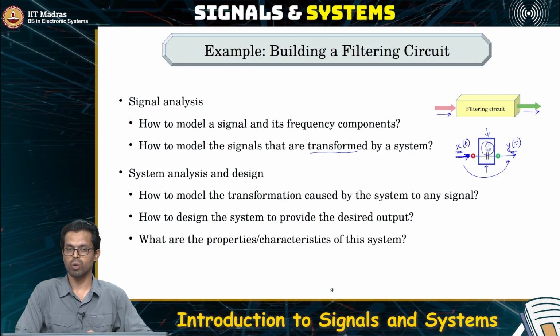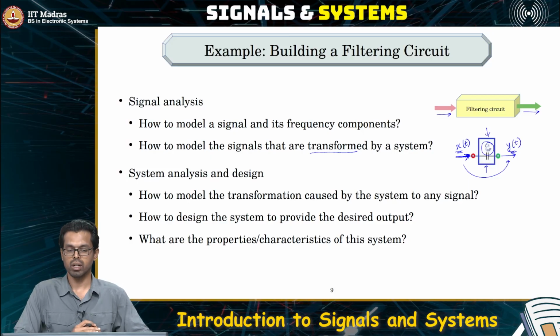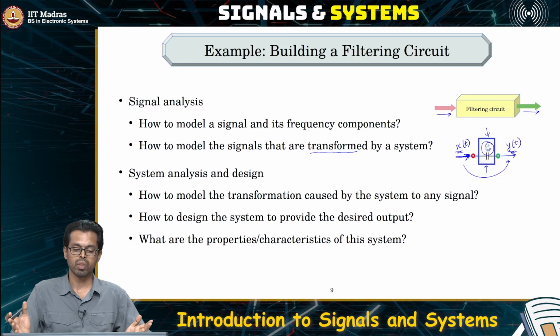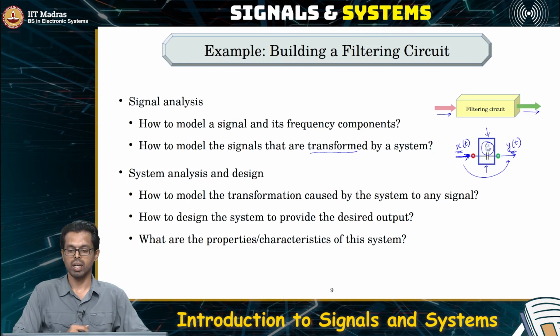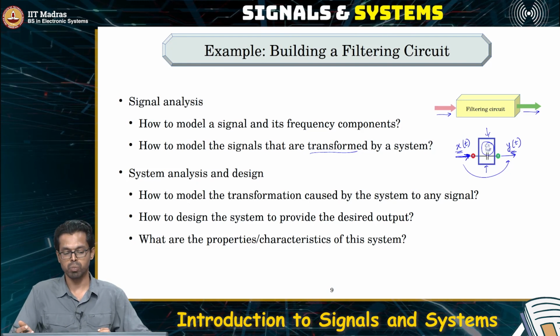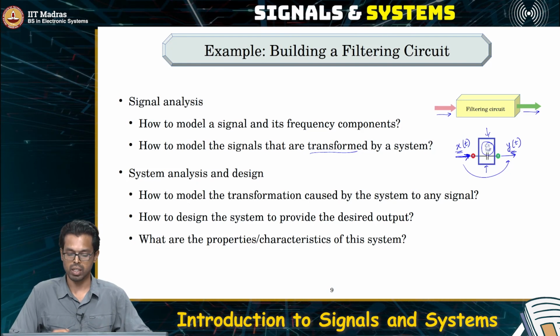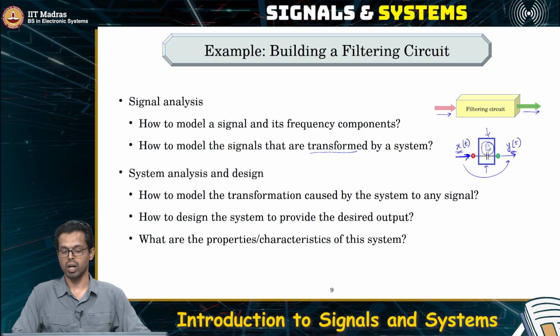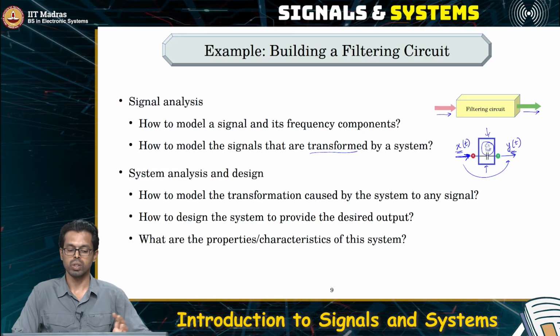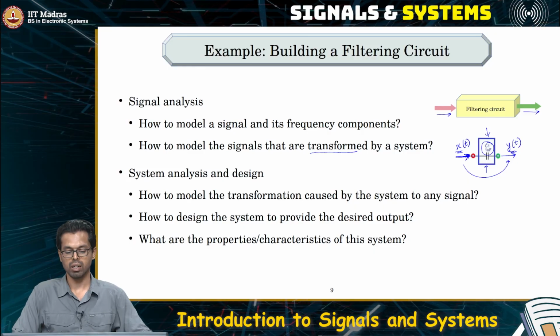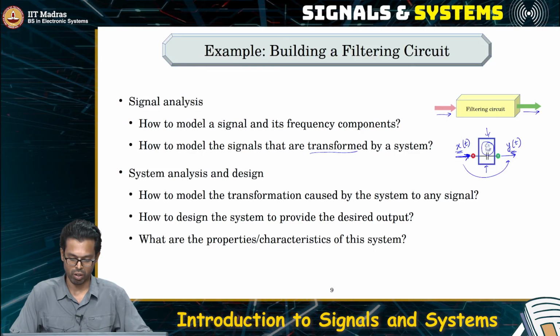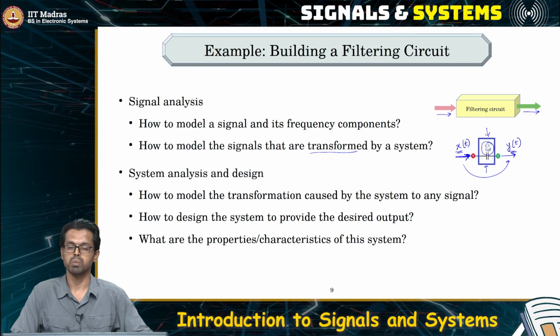So this is the entire goal of signals and systems: to break down any practical circuit into smaller systems, to understand the input and output as different kinds of signals, and to know what you are expecting at the output. Now you will design the system such that it has the properties that you're looking for, and signals and systems helps us to do this.